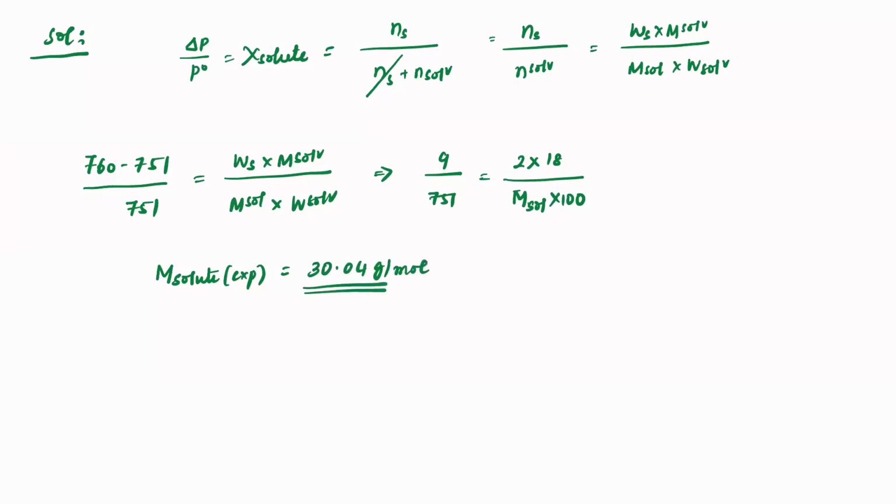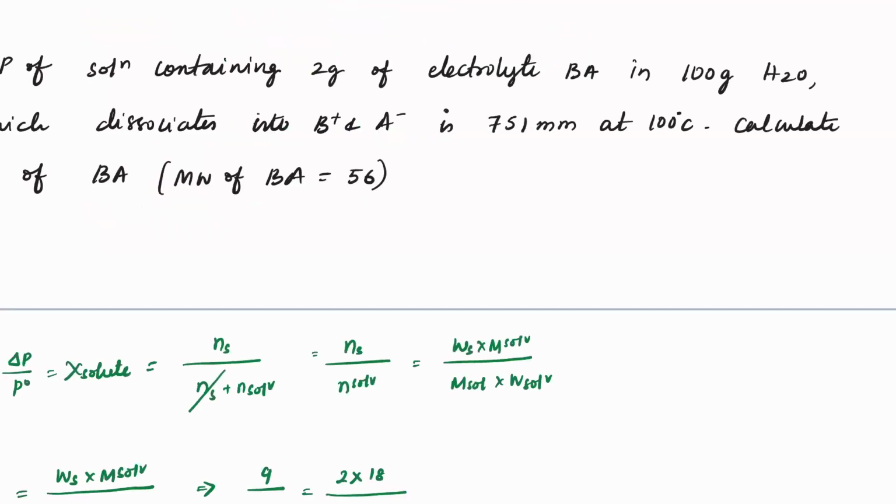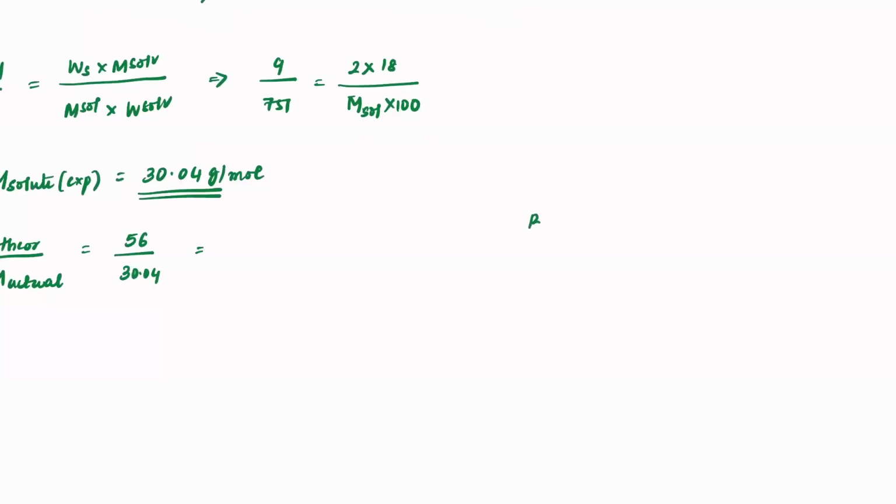30.04. Now, Van't Hoff factor, we know that M theoretical upon M actual, correct? And theoretically, we are getting this as 56, and actually, we got this as 30.04, correct? And this will be equal to, because it is a salt like BA, it will ionize into B plus and A minus.